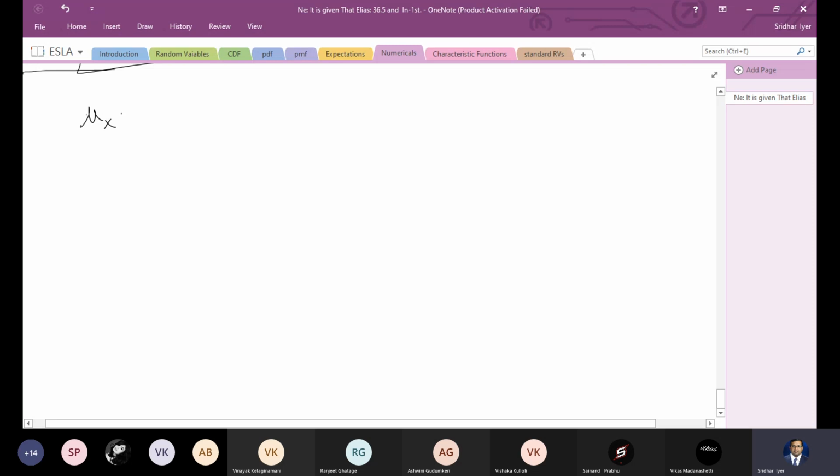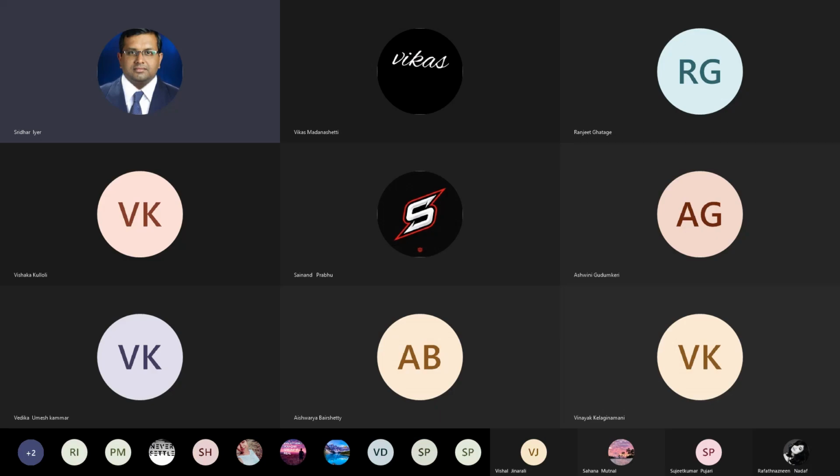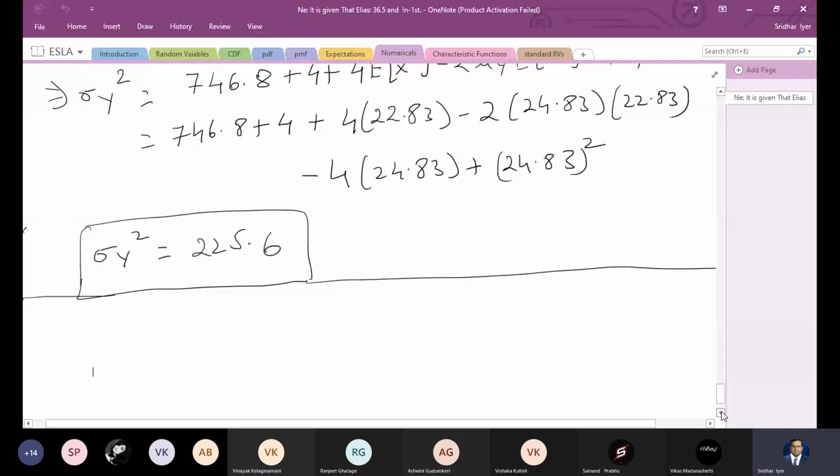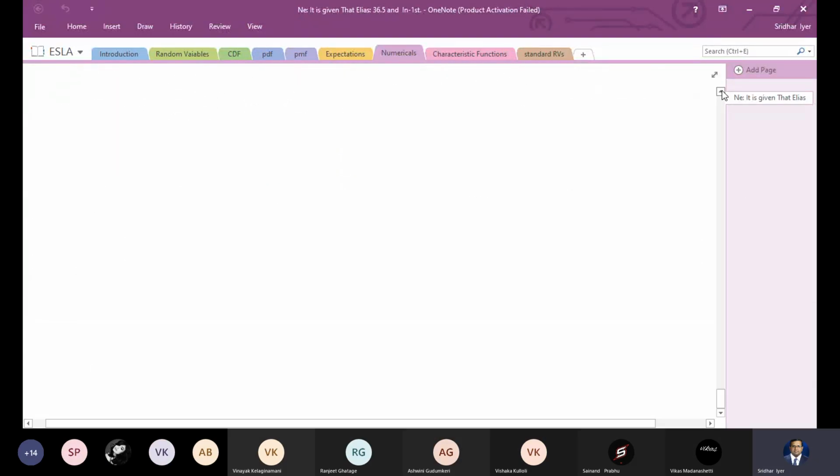Mu x is given, which is 13.5. Hold on one second, there's something wrong with my OneNote. I'll get it back. I hope the screen is back on.